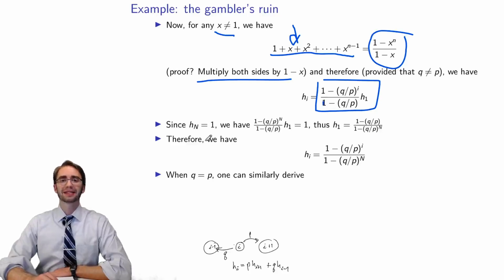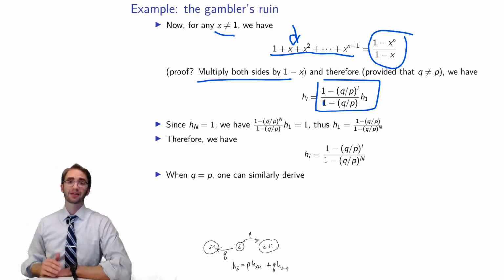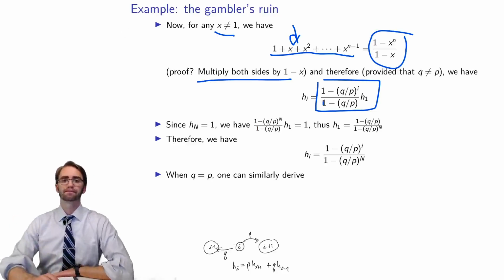Then I'd say that since H sub N is equal to 1, remember N is me winning and leaving the game, I've accomplished my goal. So H sub N is equal to 1, which tells me that if I plug this in here with an N substituted for I, then that would have to be equal to 1, and that lets me solve for H1, which is equal to this expression.